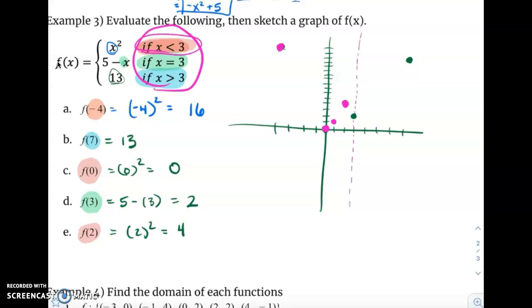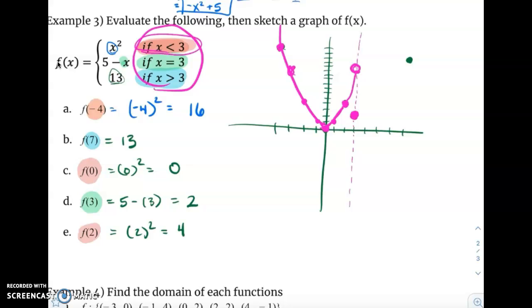Then negative 1, 1, negative 2, 4, and negative 3 is at 9. And so you're seeing that it makes a parabola on the left side. 3 would be 9 if it was there, but you got to put an empty circle at 3 because it is not equal to 3. It's only less than 3. Then we have a filled in point at 3.